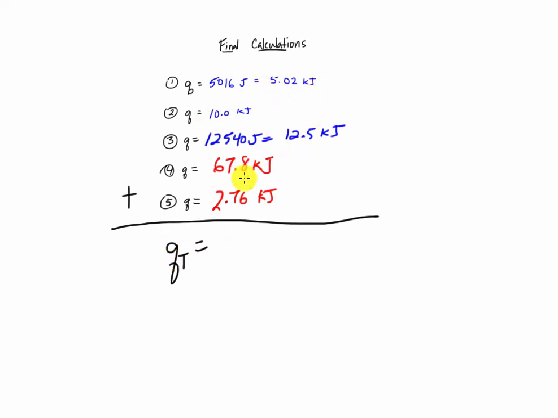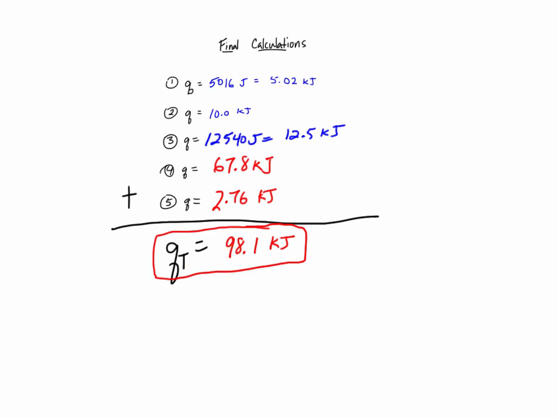Make sure that they're all in the right units. Obviously, I want to use kilojoules because I'm going to have everything in the thousands. So my final answer, when you add up all of this, is going to come out to 98.1 kilojoules. 3 significant figures because of the 3 significant figures in the mass of the water.